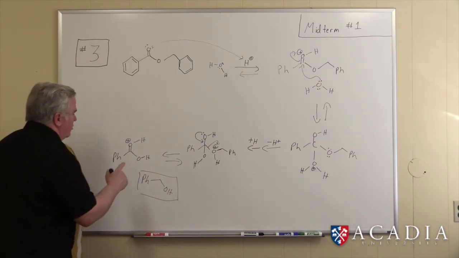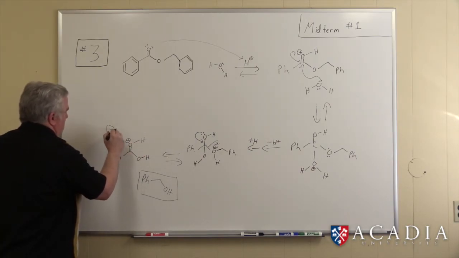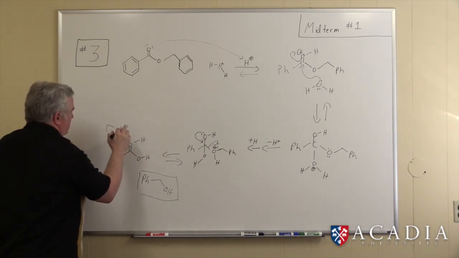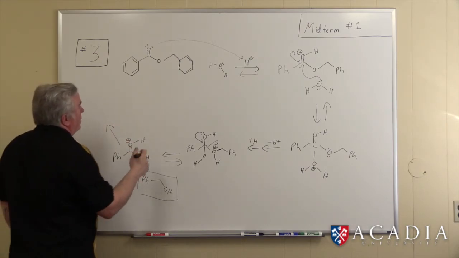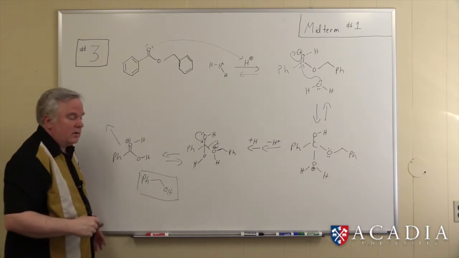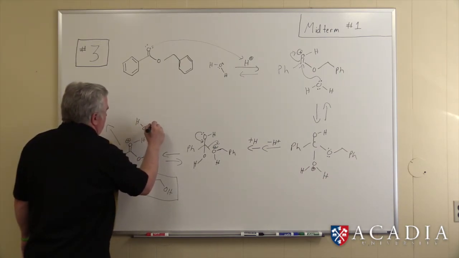Now all we have to do is something will come along and remove this proton. Let's do it specifically. We have lots of water around, we have other substrates around, we have lots of things around that can remove that final proton.